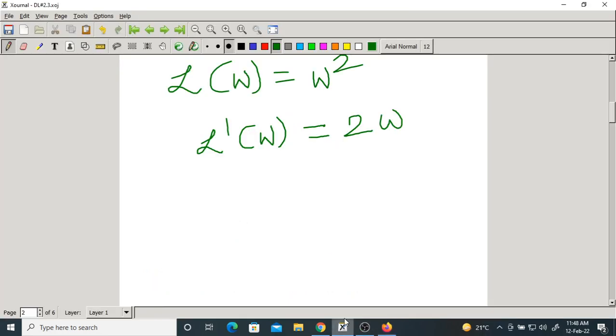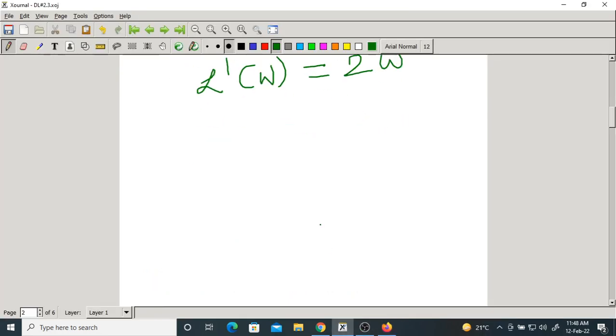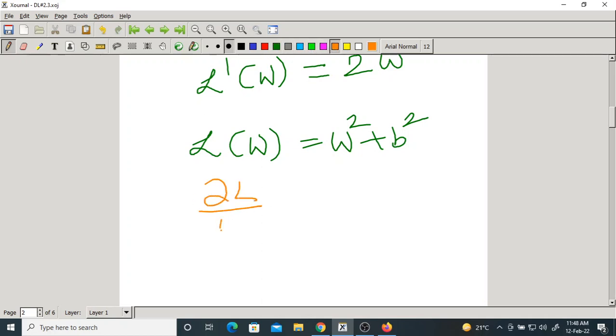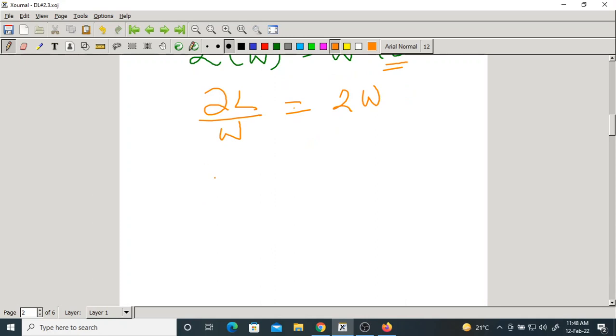Now here we have two parameters. What is the partial derivative with respect to w? When you do a partial derivative with respect to w, b becomes constant, so it is 2w. If I do the reverse, the partial derivative with respect to b is obviously 2b.